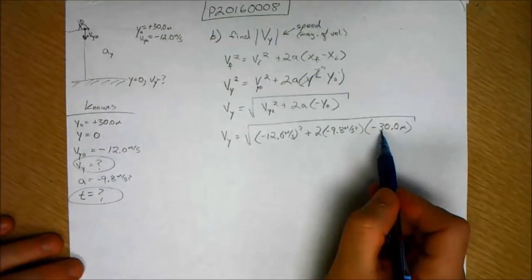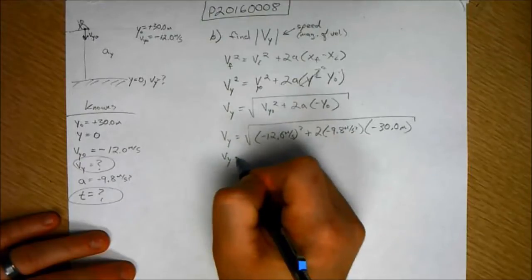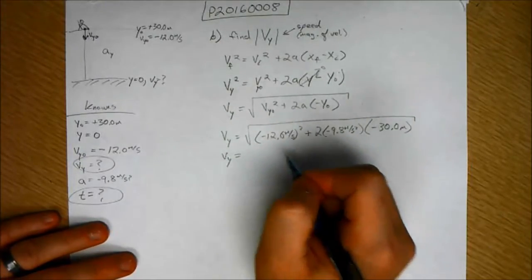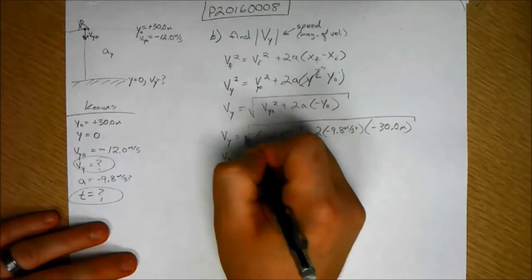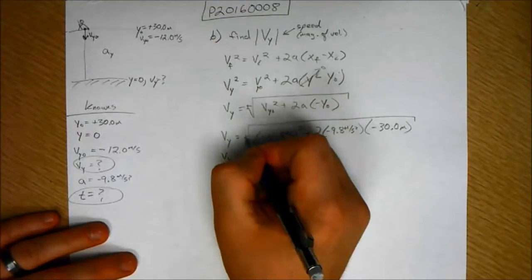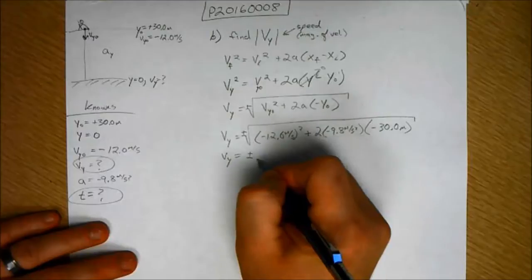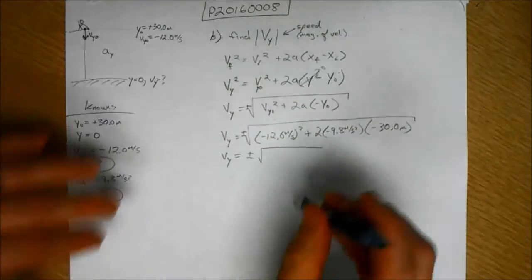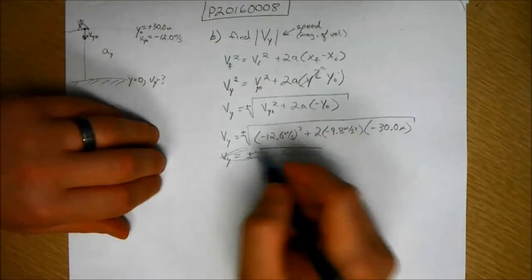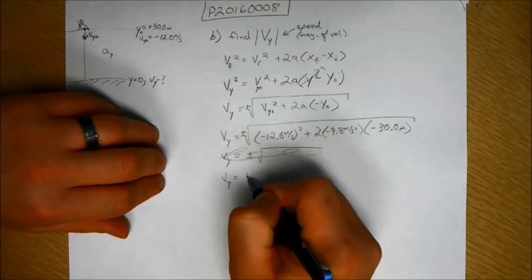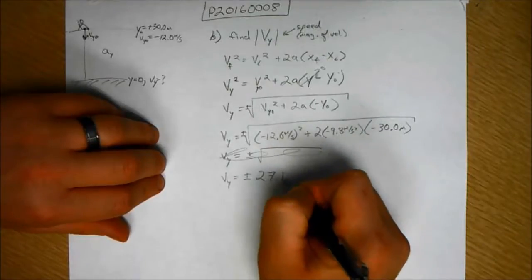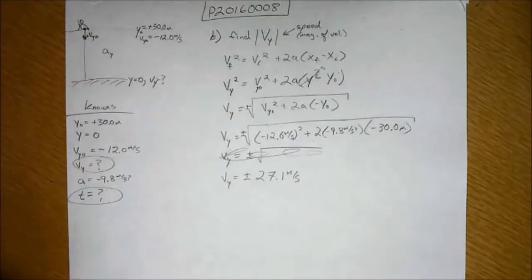Negative cancels. Vy is going to equal plus or minus, I forgot to put in the plus or minus, excuse me, the square root of all of this stuff, which, let me just write the answer down. Vy is equal to plus or minus 27.1 meters per second.